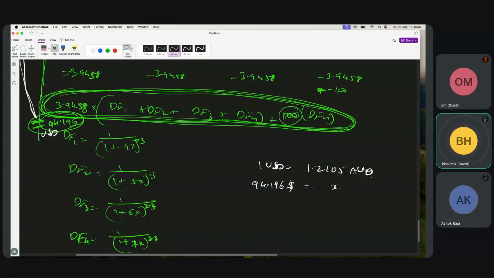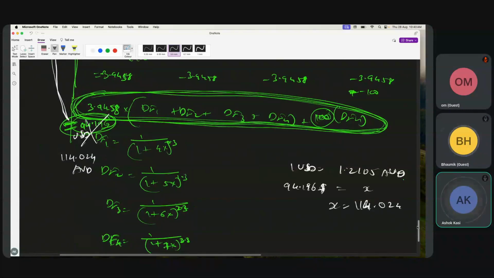Calculate. $114.024. So I can rewrite this number as 114.024 Australian dollar. Is it okay?